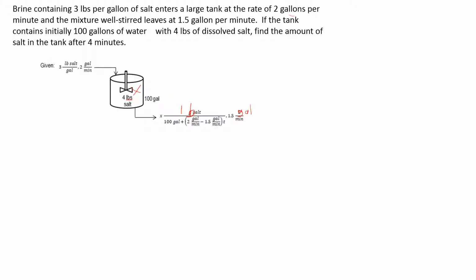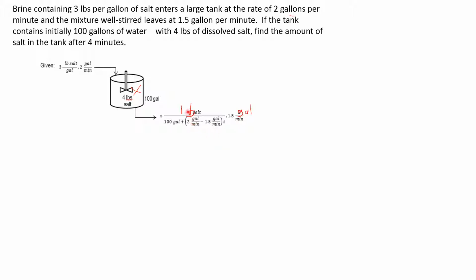That's the variable. And then the concentration after 30 minutes will of course be x divided by the volume, that's 100 gallons, plus the amount that is coming in is 2 minus the amount that is coming out is 1.5 multiplied by t.